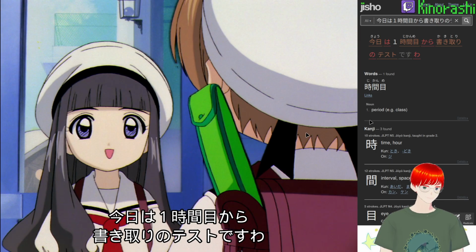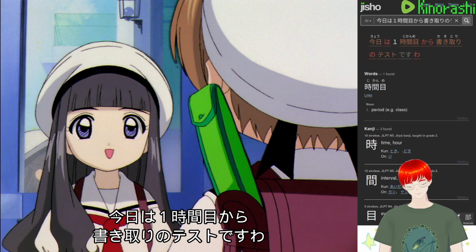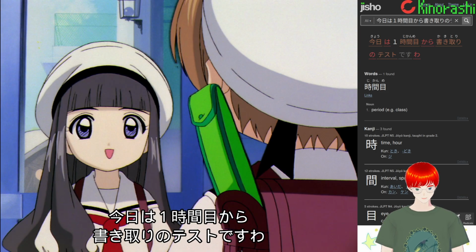In your sentence, today is a kakitori test starting in the first period. It is almost certainly a dictation test where the students listen to the teacher and write down the correct kanji word. This is the standard exercise in Japanese elementary and junior high schools to ensure students know which kanji correspond to which spoken words. Is it correct to call this a spelling test?